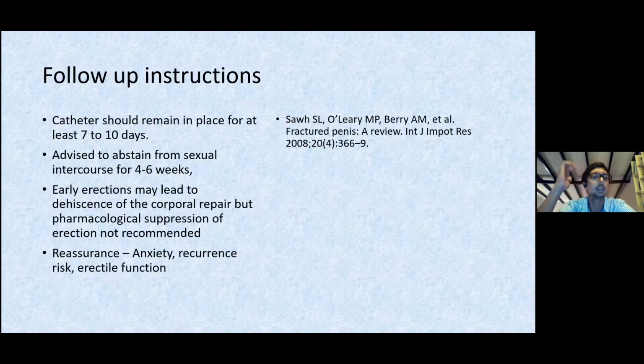Early erections may lead to dehiscence, but there is no suggestion of any erection suppression medications. Also reassurance is important because the patients are quite worried and they might have subsequent anxiety and fear of recurrent fracture, and erectile function may be impaired because of psychological stress.